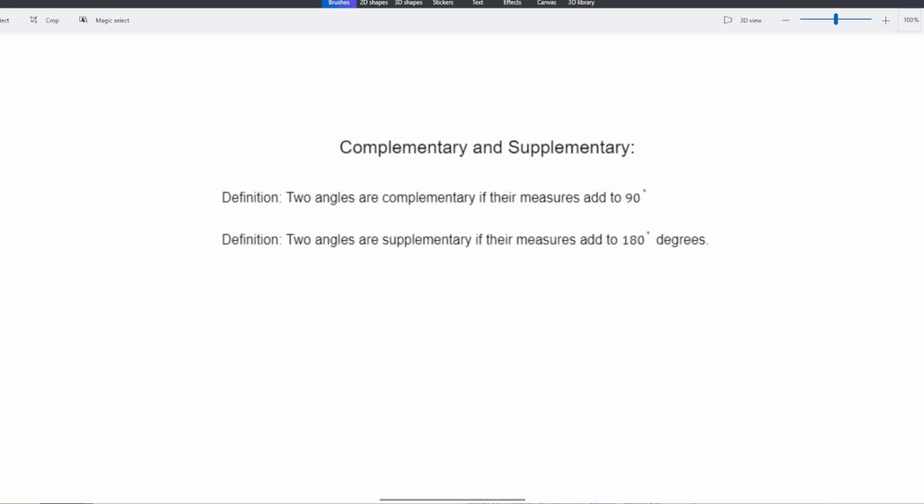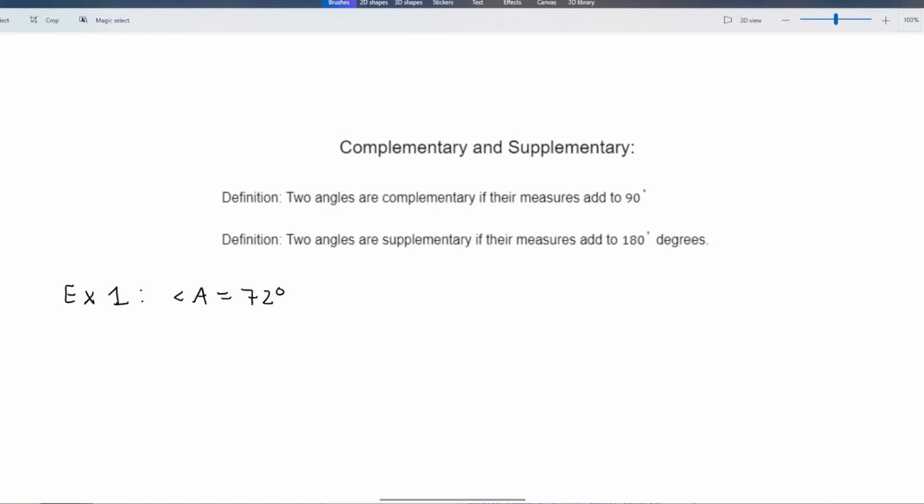It says that the definition of complementary angles is that their measure adds to 90 degrees, and the definition of supplementary angles is that their measure adds to 180 degrees. So let's go ahead and look at an example here. We're going to look at an angle A that has a measure of 72 degrees.